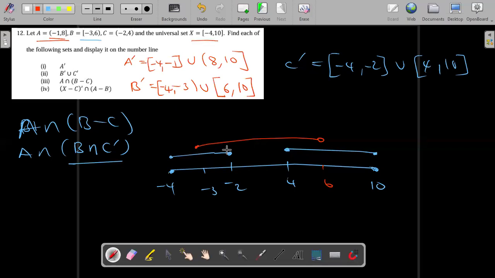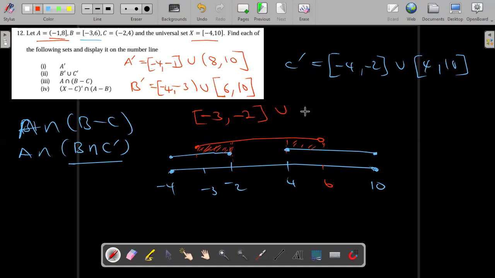So they intersect here. You can see this part. They have common elements here, and also from this part to this part. So you see here, that's from negative 3, which is included, up to here, which is negative 2.